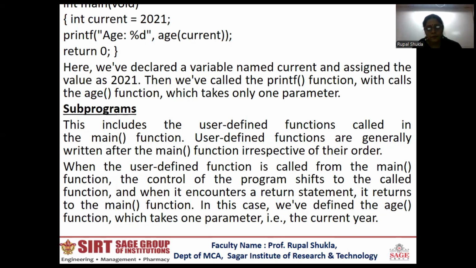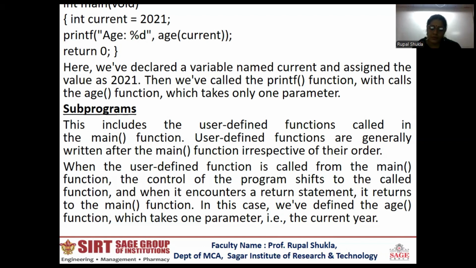So here, printf age, return 0. We have declared a variable named current and assigned the value 2021, and we have called the print function, which calls the age function, which takes only one parameter.